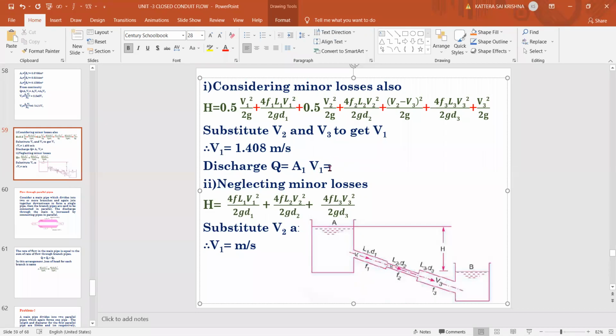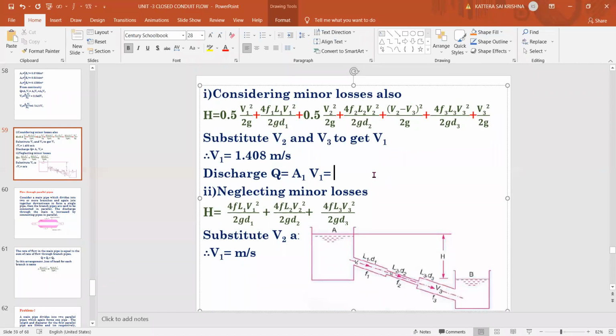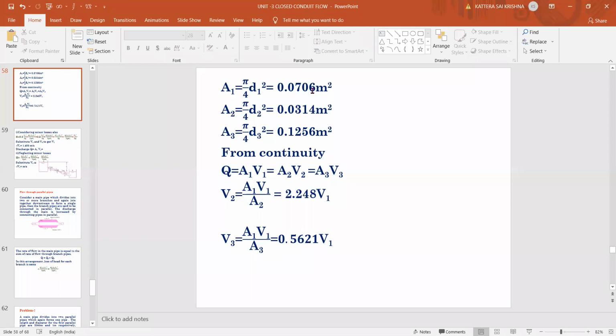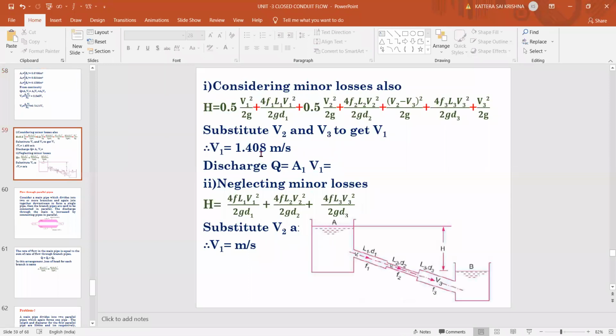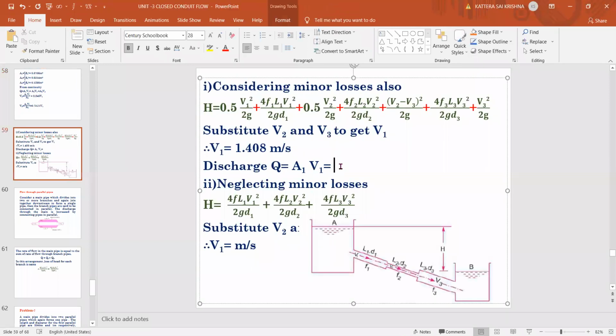A1 already we have calculated. Now we got V1 here, 1.408. So tell me the discharge value. 0.0706 into 1.408. 0.099.